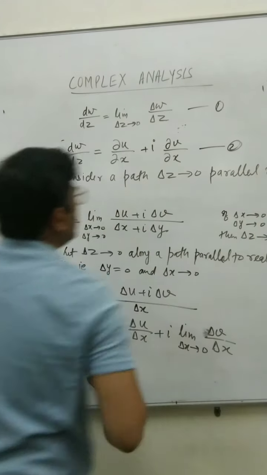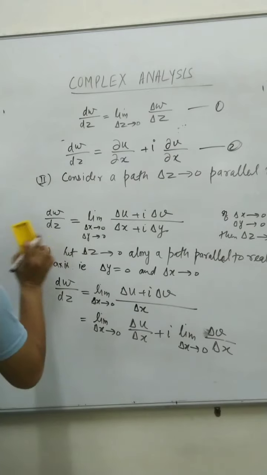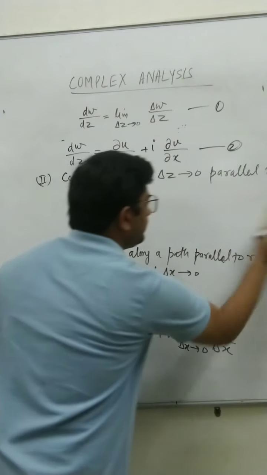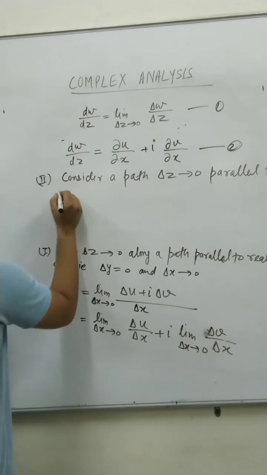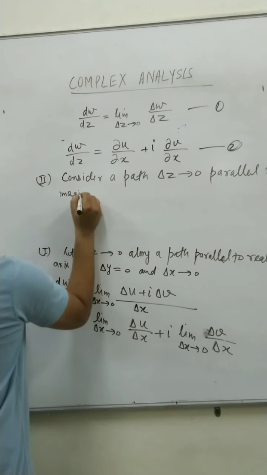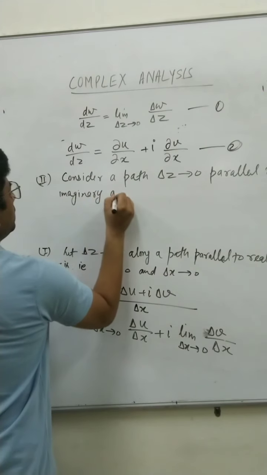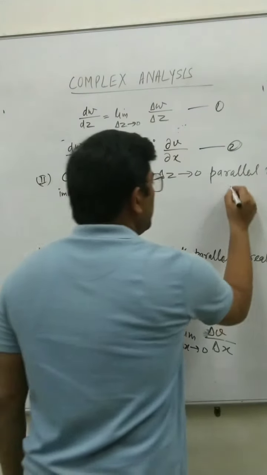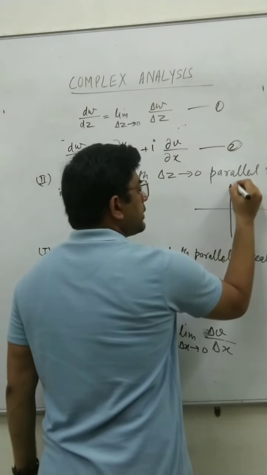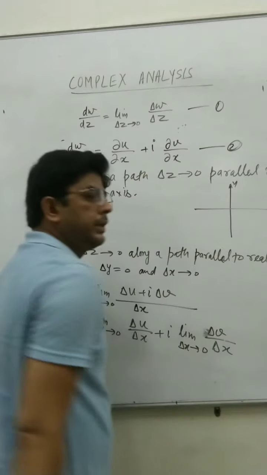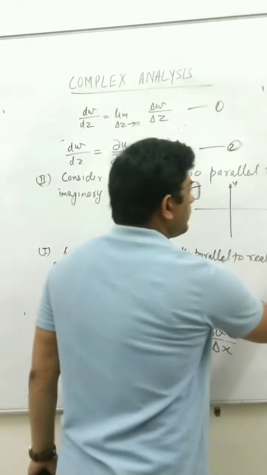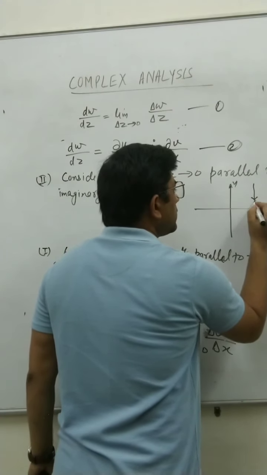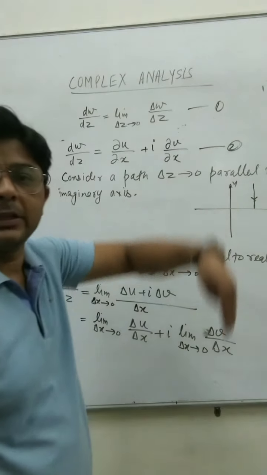The y-axis is the imaginary axis and the x-axis is the real axis. So we move along this path, parallel to the imaginary axis.